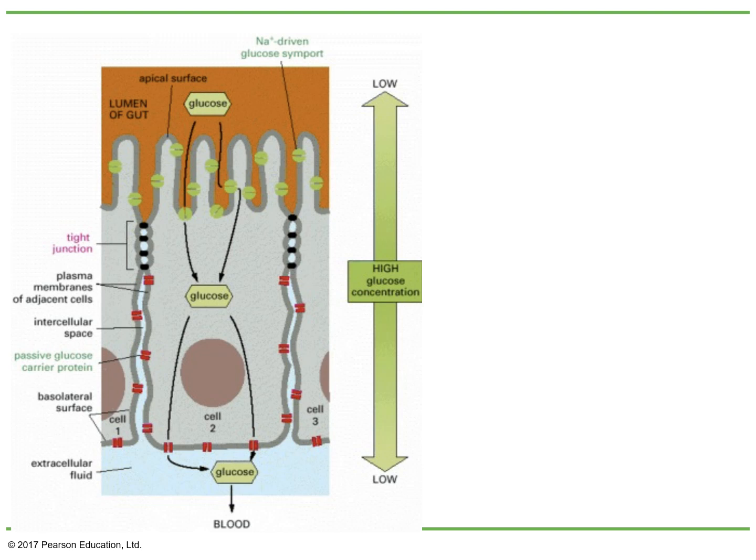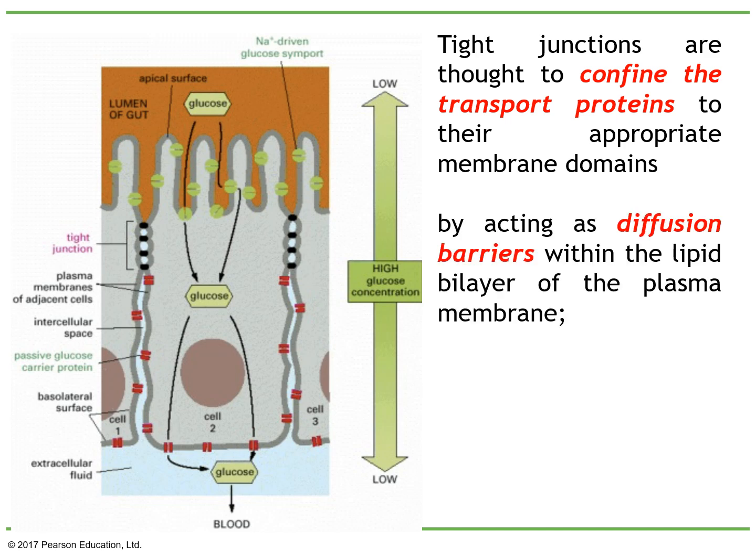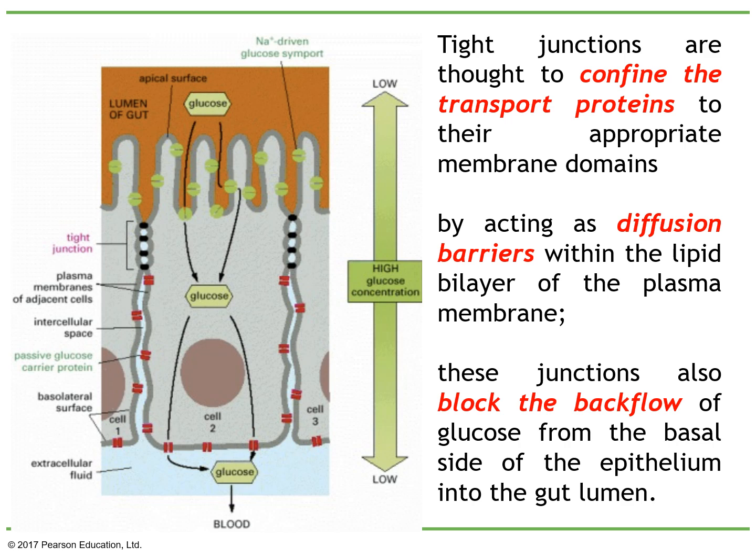Here you can have a higher concentration of glucose, but there is a transporter here and there is no transporter here in the tight junctions. There is an area that is blocked. There is nothing that goes through there. So the tight junctions confine the transport of proteins. And they act as diffusion barriers, and they prevent the backflow.